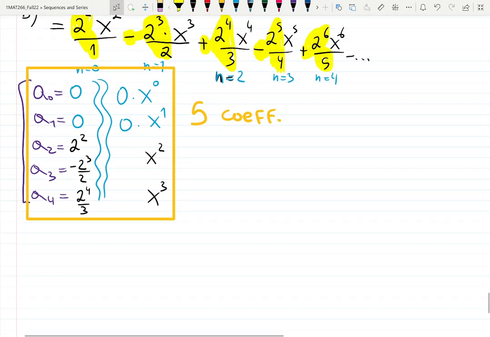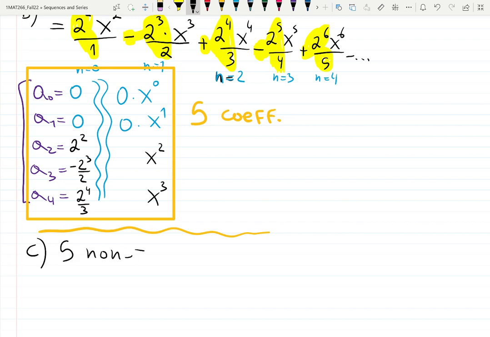Let's do that just to have a comparison. The first 5 non-zero coefficients, of course. You don't take one in the middle unless they ask you. Then a sub 0 will be 2 squared.